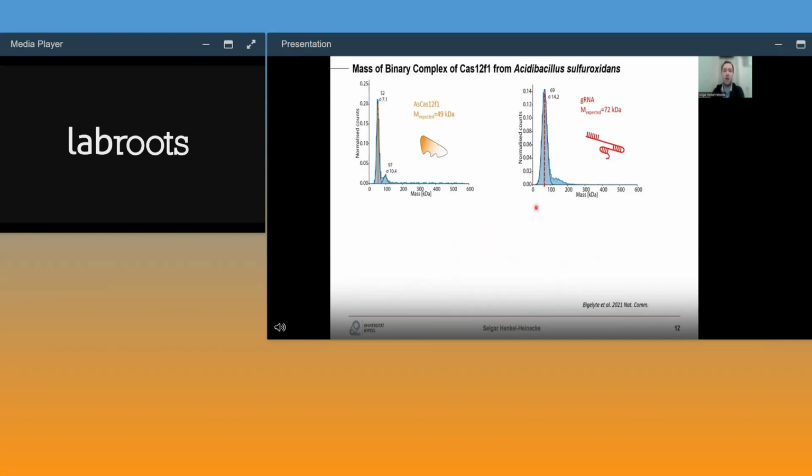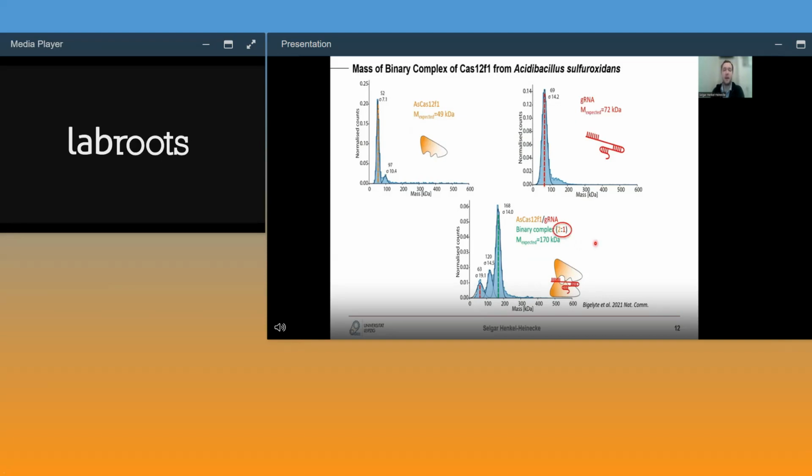We had more, and so we played the same game for the Cas12f1 complex of Acetylbacillus sulfooxidans. I will not go too much into detail with the numbers this time, but we again measured the protein itself, the RNA itself, and we nicely got again for the binary complex the 2-to-1 ratio.